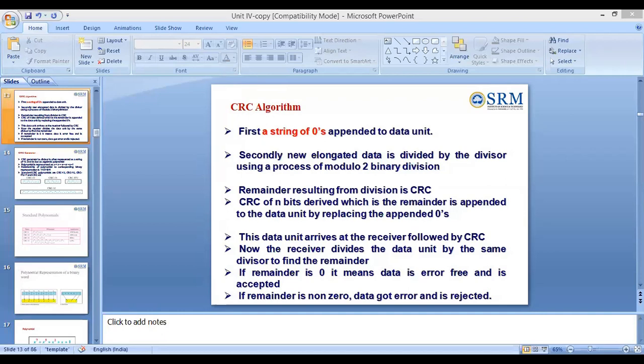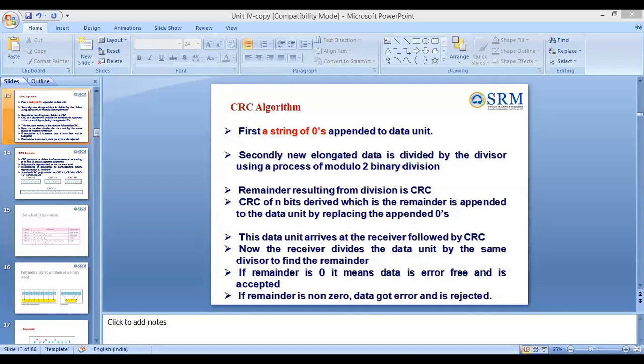One more technique is that they will give you the data in terms of polynomials. I will share the screen here. You can see here, sometimes the data will be given in terms of polynomials.